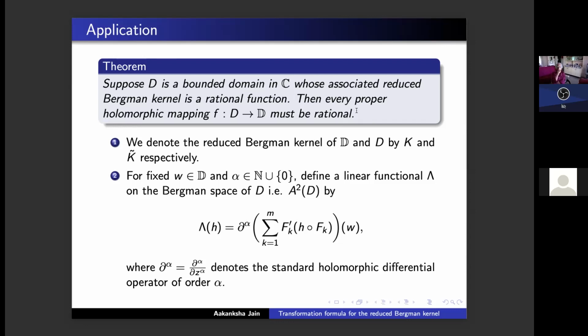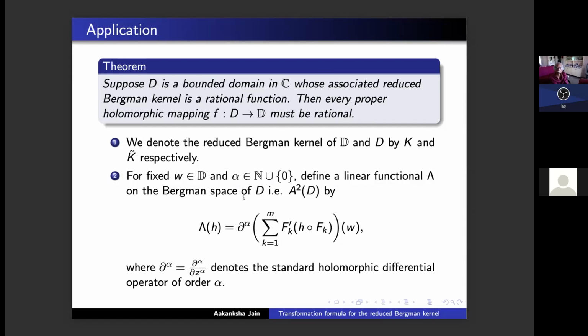Before that, let us fix some notation. We will denote the reduced Bergman kernel of the unit disk and the domain D by capital K and capital K tilde respectively. For a fixed W in the unit disk and alpha a non-negative integer, we define a linear functional lambda on the Bergman space.